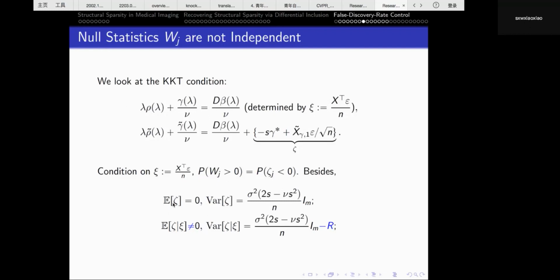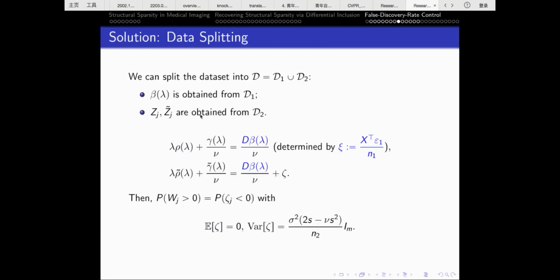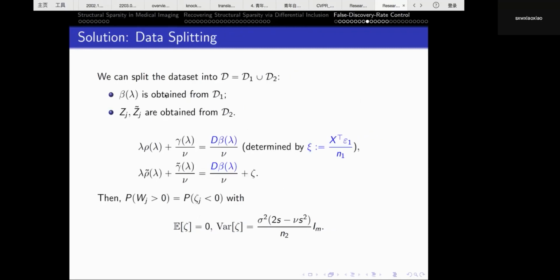And if we solely look at the zeta, it is unbiased to 0 and independent of each other. But when conditioned on zeta, these two properties do not hold, which means the Wj of the null statistics are dependent on each other. To address these problems, inspired by the KKT condition, we split the dataset into two parts, D1 and D2.